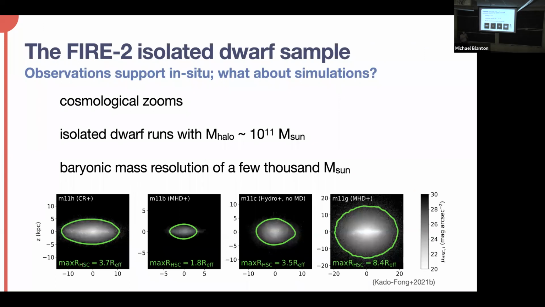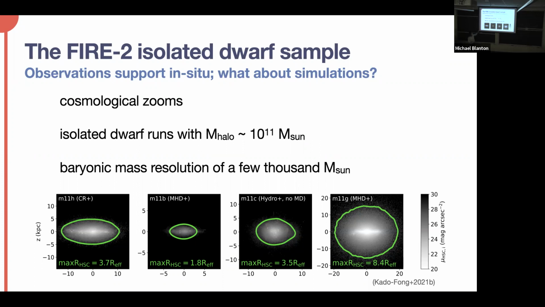Just to give a little background about the FIRE galaxies, these are a cosmological zoom suite. I'm looking specifically at the isolated dwarf runs with halo masses of around 10 to the 11 solar masses. These galaxies have a baryonic mass resolution of a few thousand solar masses. So this is really the resolution that you need to start thinking about the structure of these dwarf galaxies, especially in the outskirts.